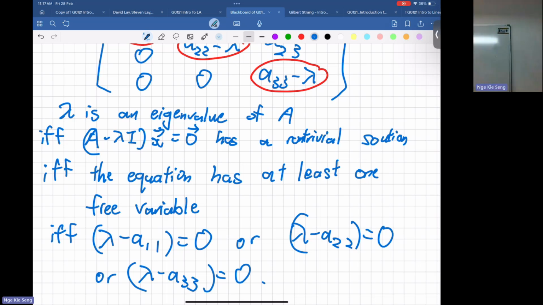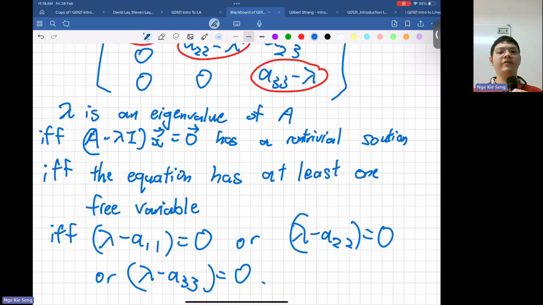Any one of them equals 0, you have a non-trivial solution. So these are all the possibilities. Does it make sense? Any one of them equals 0, you already have the non-trivial solution.